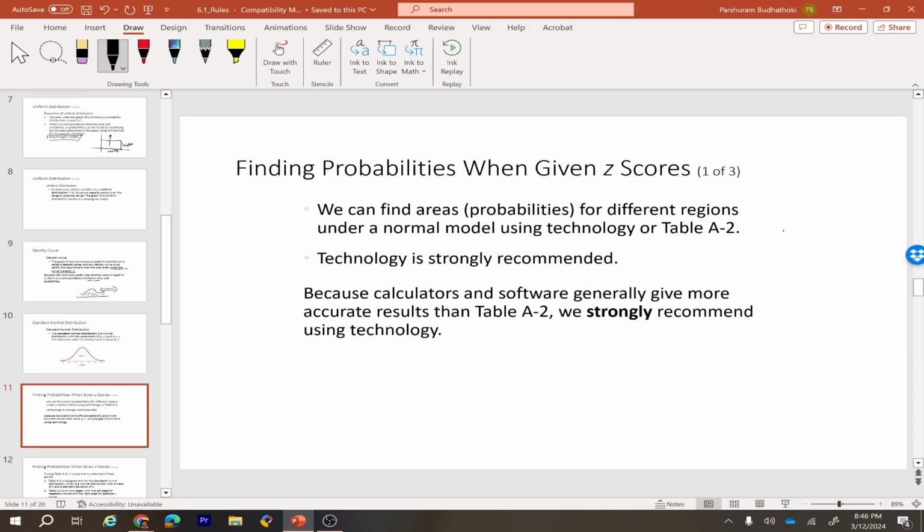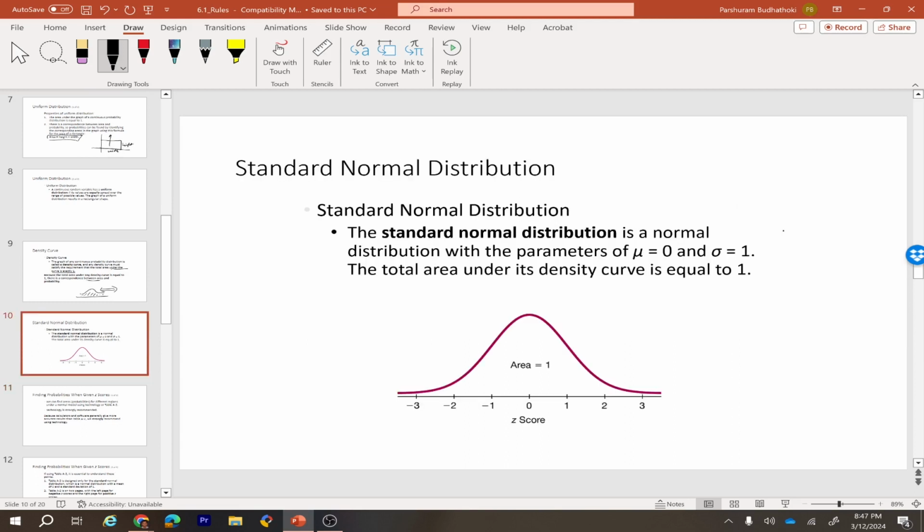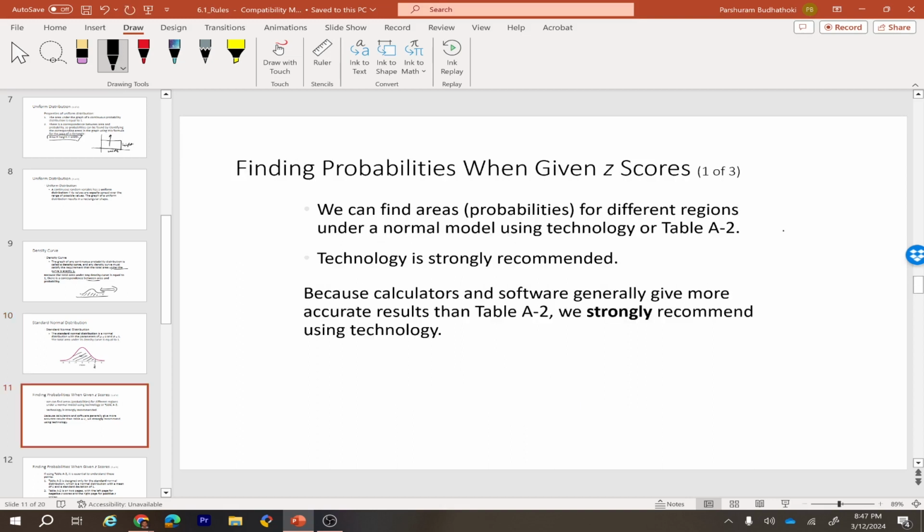Now, for finding the area under the curve for a certain z-score, for example, let's say this is the z-score we're talking about, and we would like to find the area under the curve to the left of this z-score. In that case, we can use technology, or we can use a table.